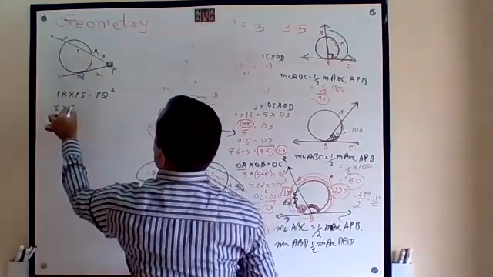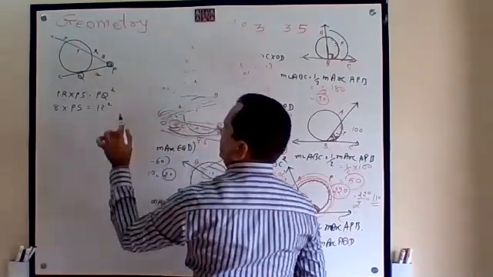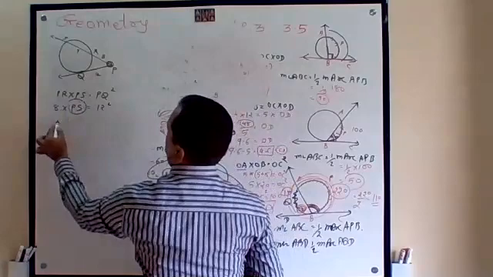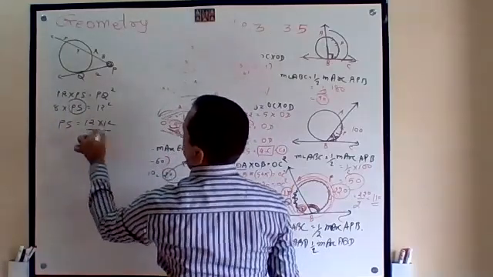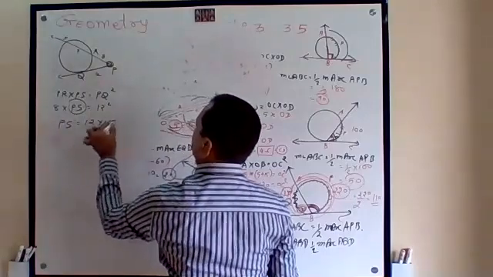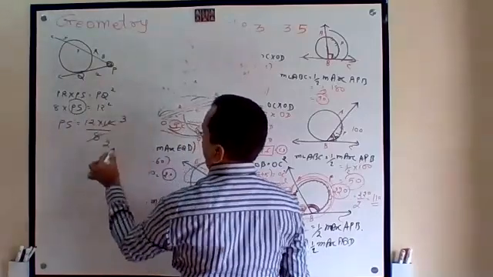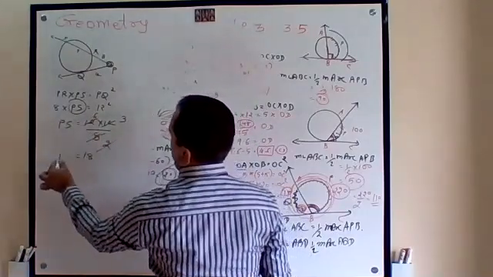So 8 into PS is 12 square. Don't compute 12 square. We want PS equal to 12 into 12 divided by 8. 4 2s are 8, 4 3s are 12, half of 12 is 6, 6 3s are 18.